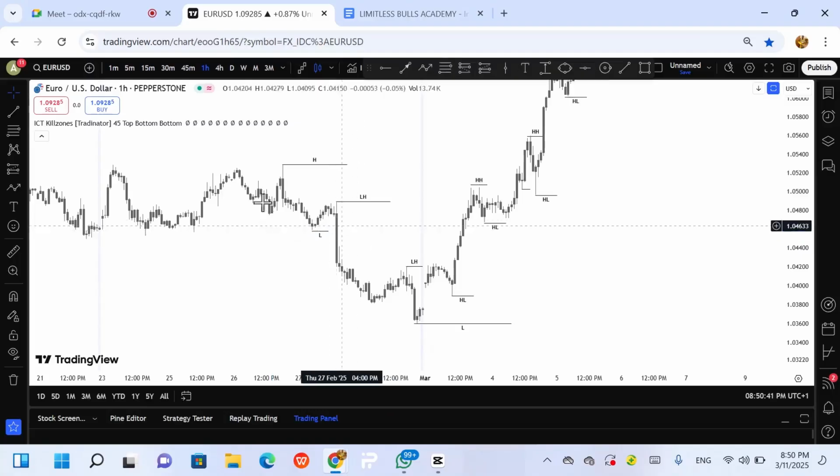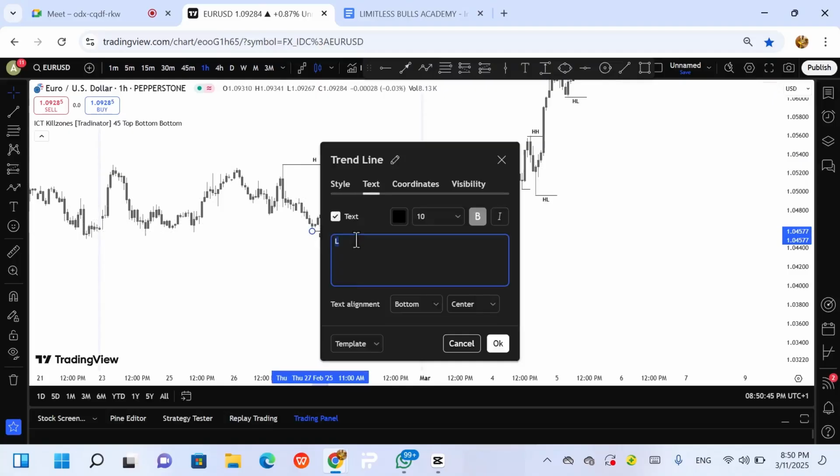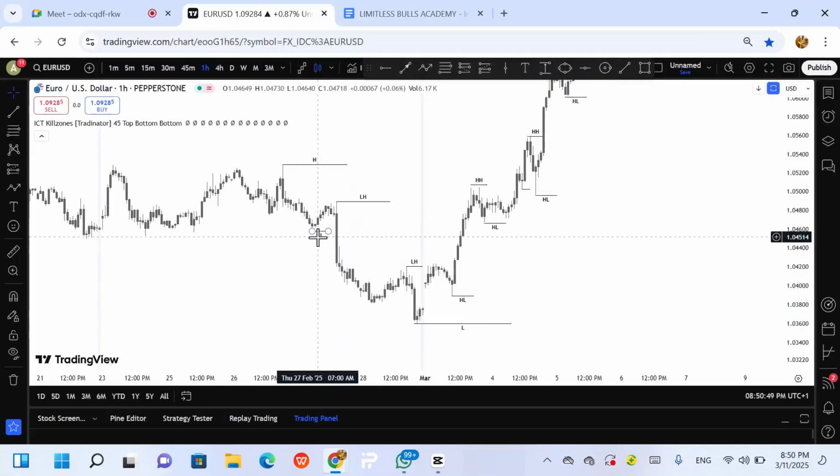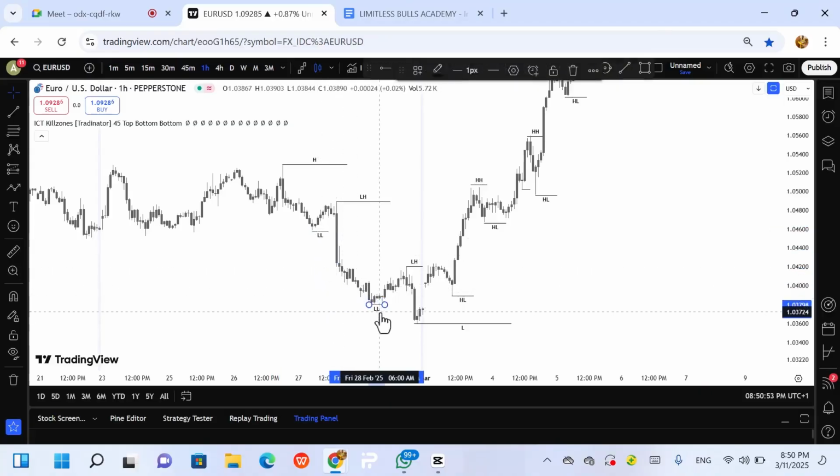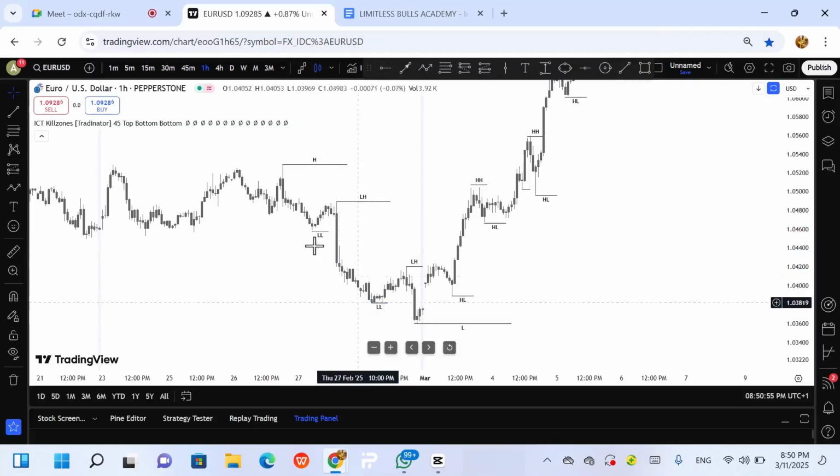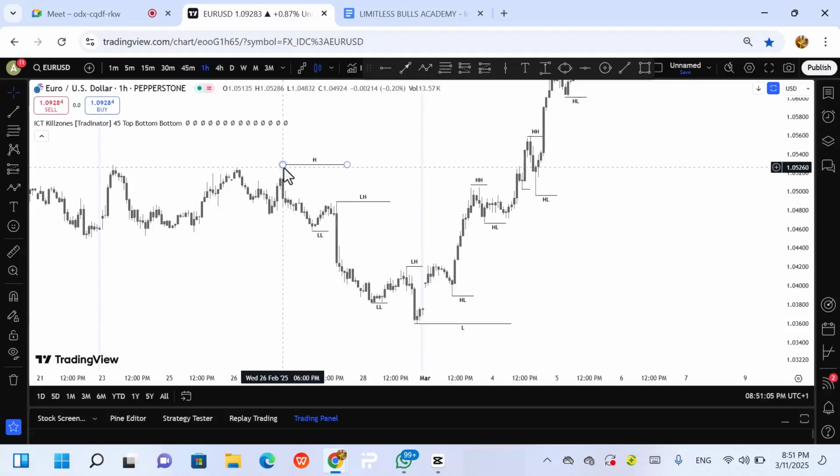So this is what now? This is a high. This is a lower high. This is a lower low. And as well, this is a lower low. So this is it: a high, a low, a high, a low, a high, a low. You get the point? So now this is a high, this is a lower high.